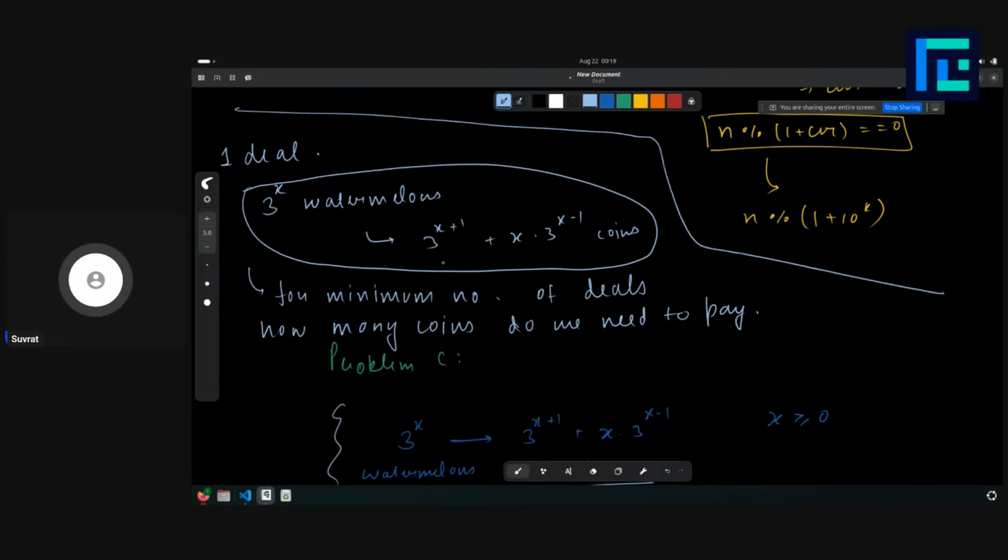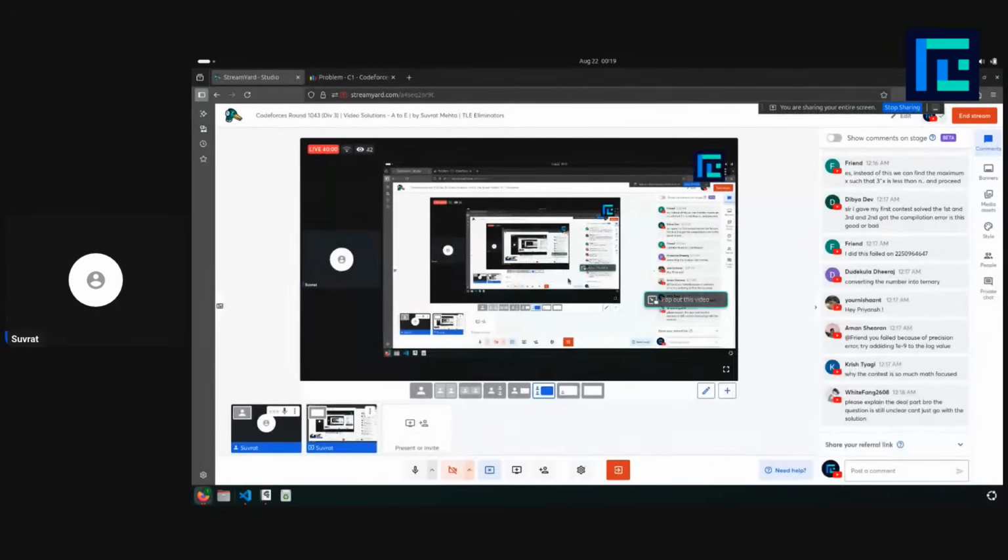So we need to make sure that we are doing the minimum number of deals to get n watermelons. We need to buy a total of n watermelons, and in each deal we can buy 3 to the power x watermelons. And we need to minimize the number of deals that we are taking to buy n watermelons and find out how many coins do we need to pay in that solution. Did you understand now the question?